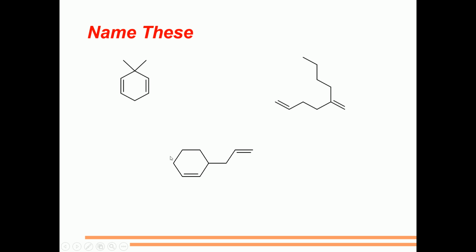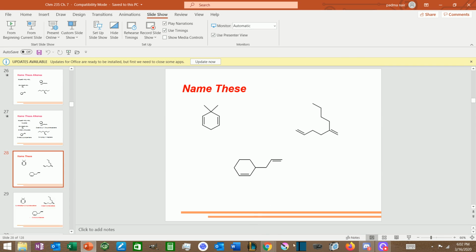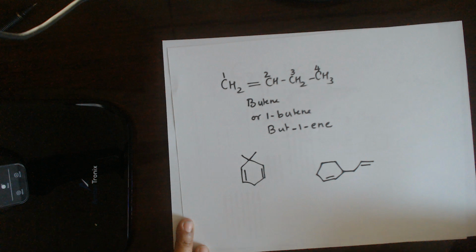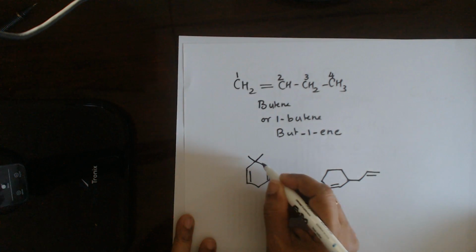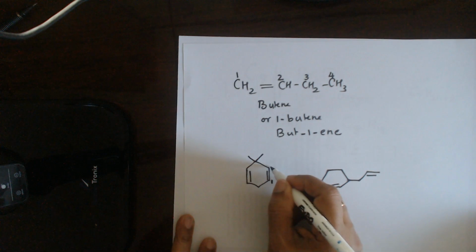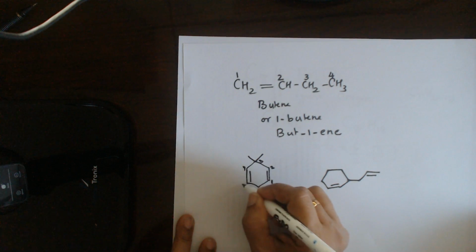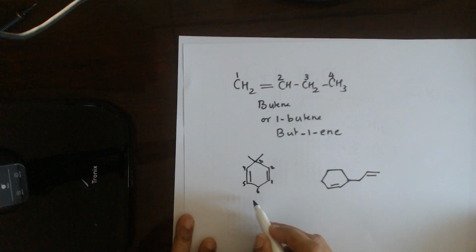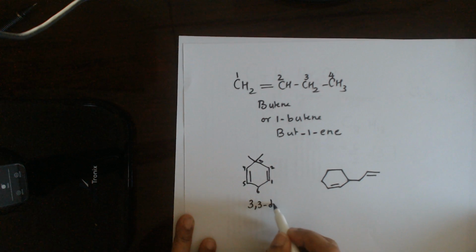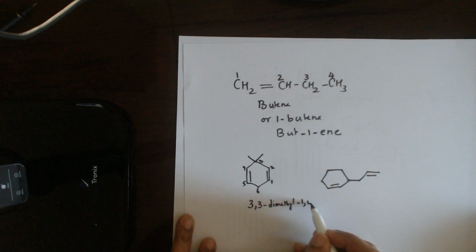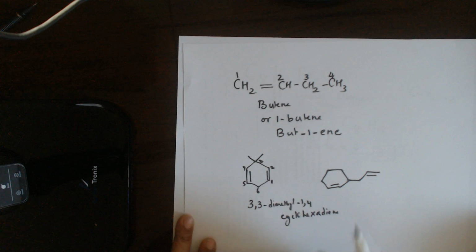Okay, let me bring my screen. Okay, now how will you name this, right? Now this will be 1, 2, 3, 4, 5, 6. So this is 3,3-dimethyl-1,4-cyclohexadiene.